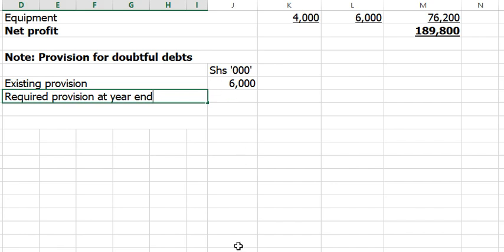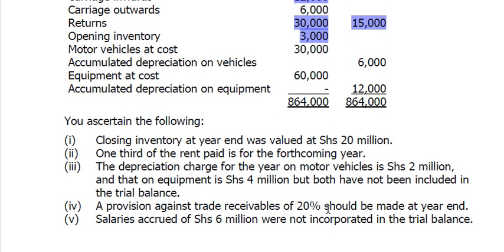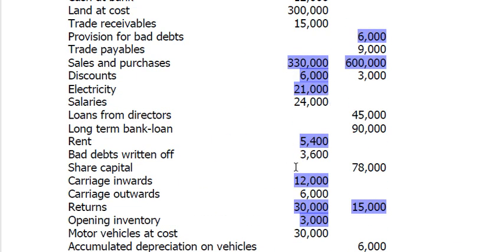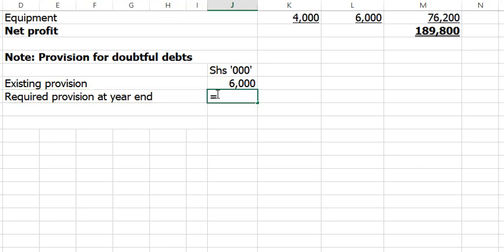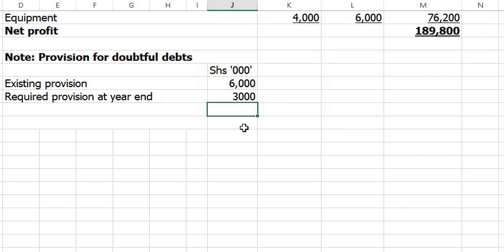The provision required is 20% of trade receivables. Trade receivables we have 15,000, or 15 millions. So this equals 20% times 15 millions. That gives you 3,000.